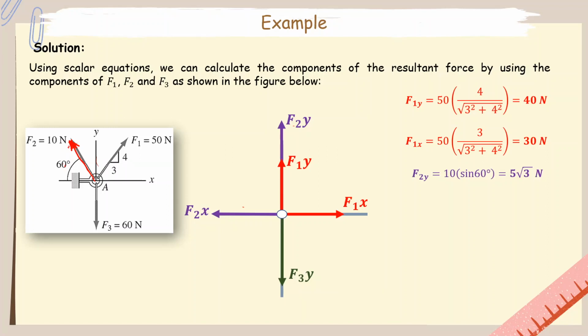So, the answer is 5 square root of 3. And then, ang horizontal component naman niya, to the left, di ba? Ito yung violet na arrow. To the left, so, F2x is, lagyan natin negative 10 cosine of 60, is negative 5.